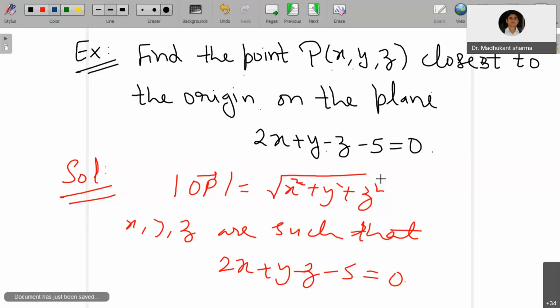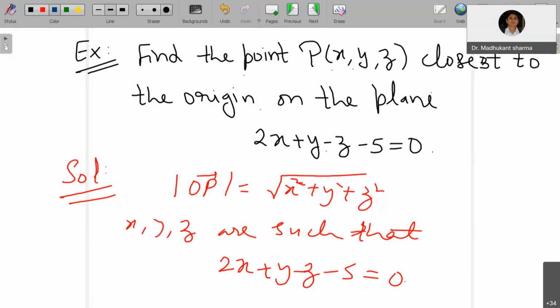Okay, later on I will put the square root, because minimization of this square root function immediately implies the minimization of this argument. We don't want to make things too complex.